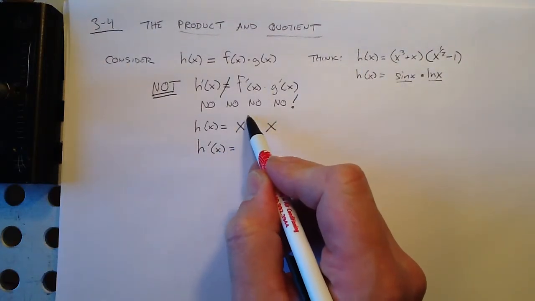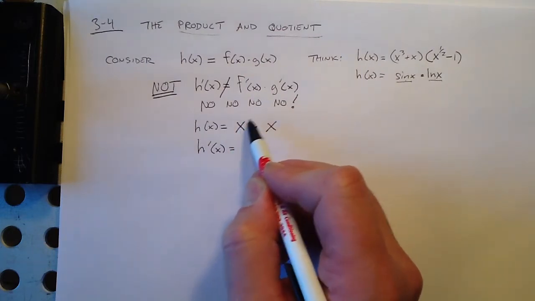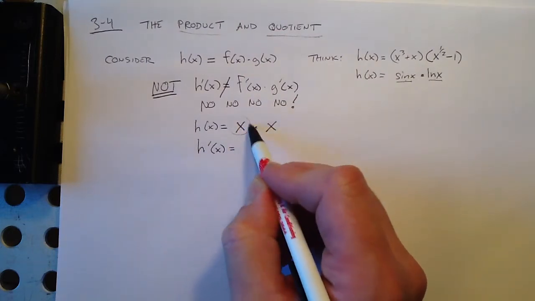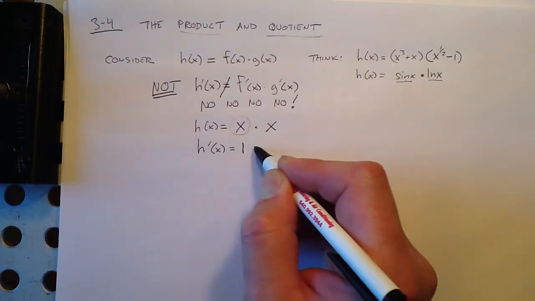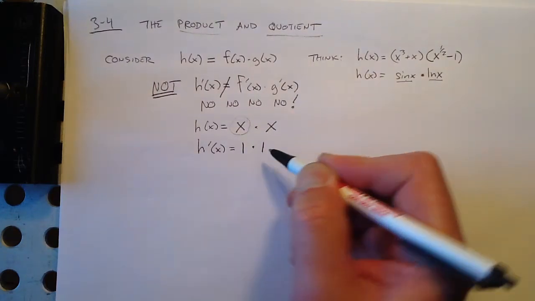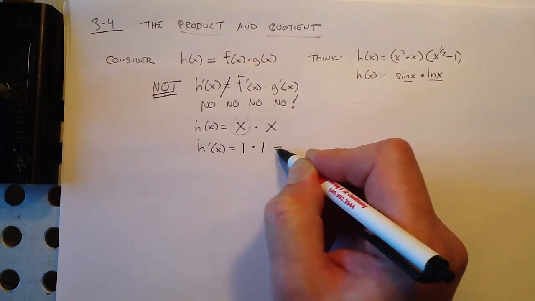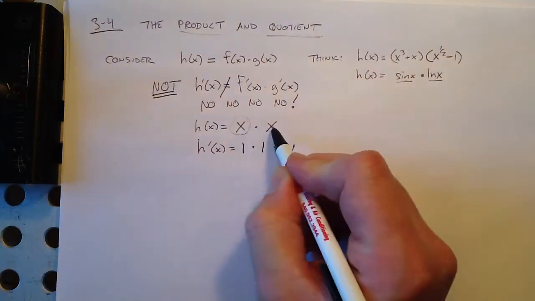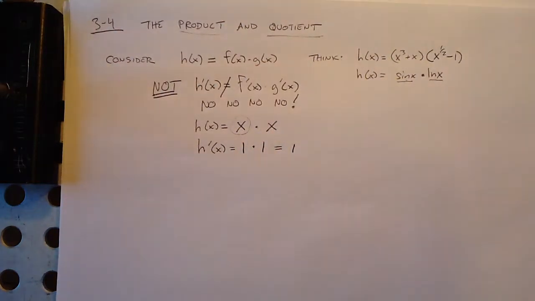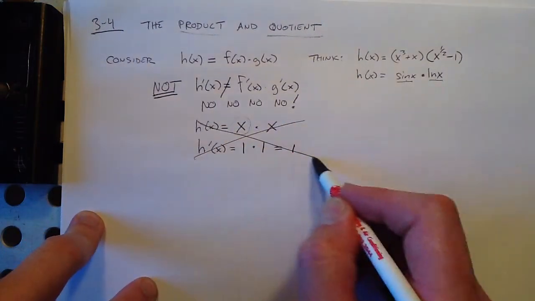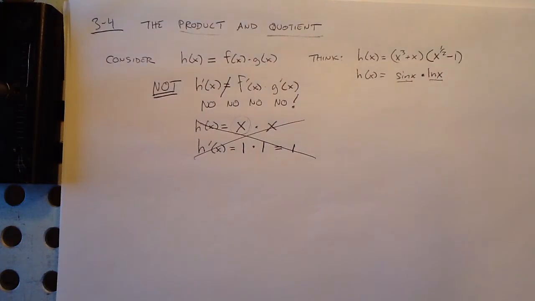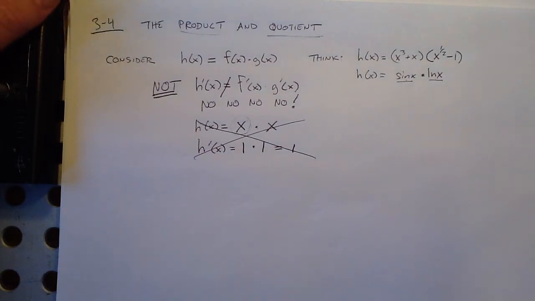Well, that's like 1x to the 1. So by the power rule, or if you just think of that as like x is like a line with a slope of 1, the derivative of x is just 1, and the derivative of that is 1. So then the derivative of that would just be 1 times 1, or 1. But this is the same as x squared, and we know that the derivative of x squared is 2x, not 1. So this is all no good. It does not work that way. So if we want to have a general rule for doing this, we have to figure out what it is.